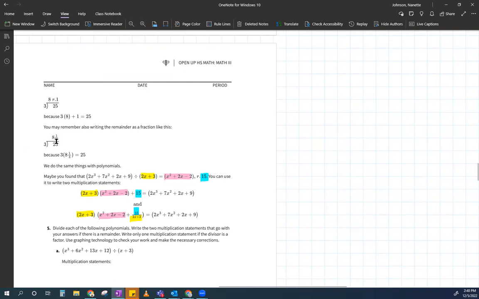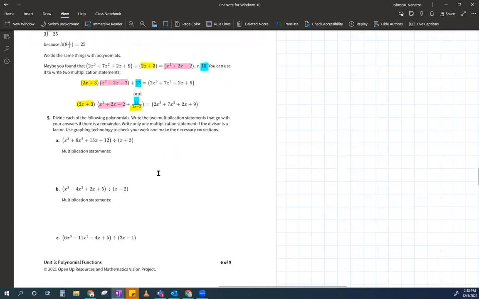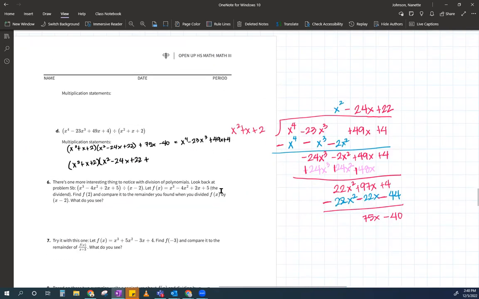Or this way right here, which you are more used to, with the divisor being the denominator. So I'm going to write my divisor right here as my denominator, x squared plus x plus 2. And then this guy right here is my remainder. Let me remind you that this is our remainder down here.